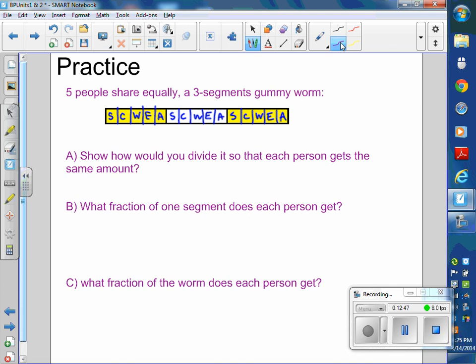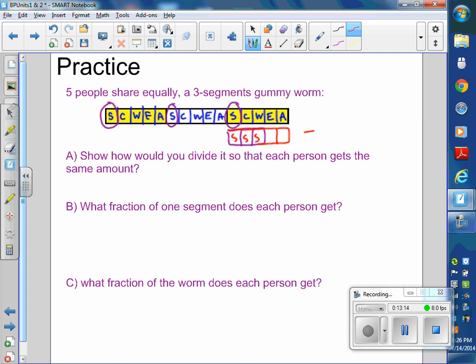You can see that Sam, for example, gets 3 little squares. If you put those 3 little squares together, he would only get this much. He doesn't get a whole segment. He gets 3 parts out of the 5. So Sam would have these 3 parts.